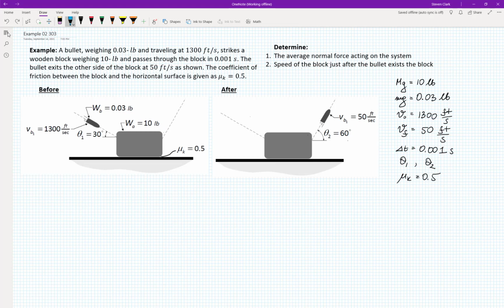Because we know that the bullet travels along this trajectory with this velocity, which is 1300 feet per second. And I think that our block is motionless at the beginning, right? So I specified that velocity as v with a subscript big M 0, and this is 0 at the beginning.